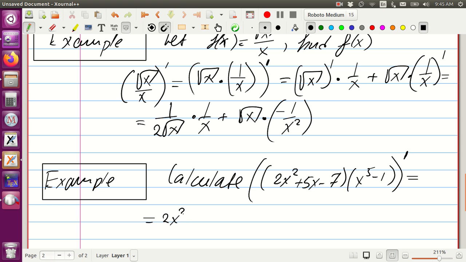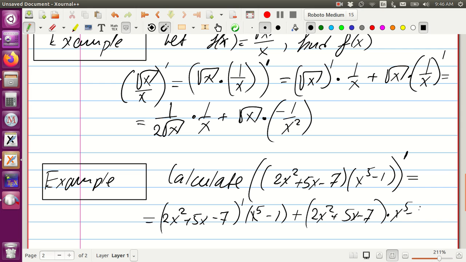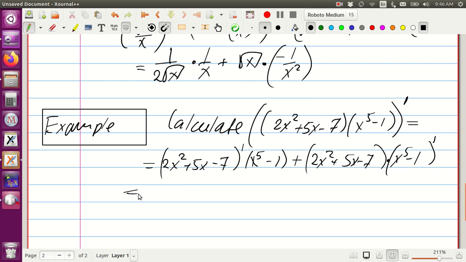So it will tell you, take the first function, find the derivative of it, multiply by the second function, and add the first function multiplied by the derivative of x to the 5 minus 1. So let's do one at a time. It's going to be the derivative of this expression over here because of the plus and minus.